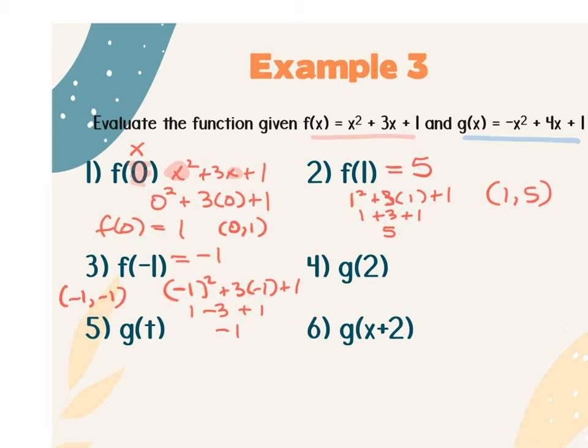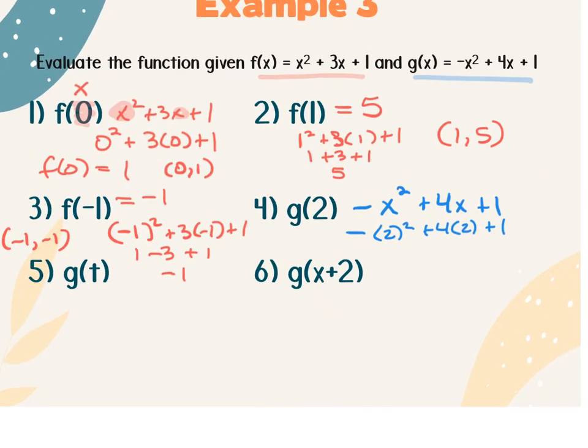Now we're switching it, and we're going to use the g of x equation. Now be very careful when there's a negative sign in front of one of your variables. So when I go to plug this in, the negative sign is there, but then the 2 goes in here for the x. Over here, same thing. And now I'm going to evaluate 2 squared.